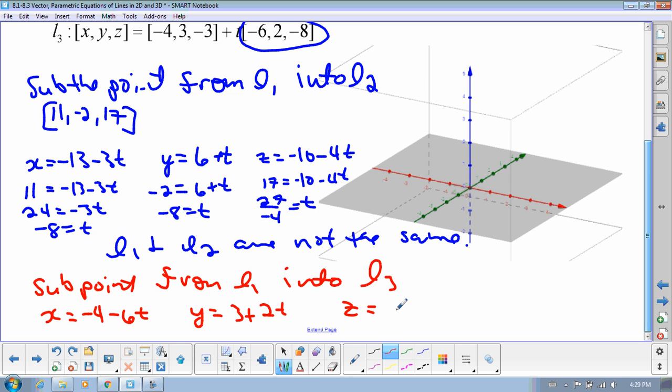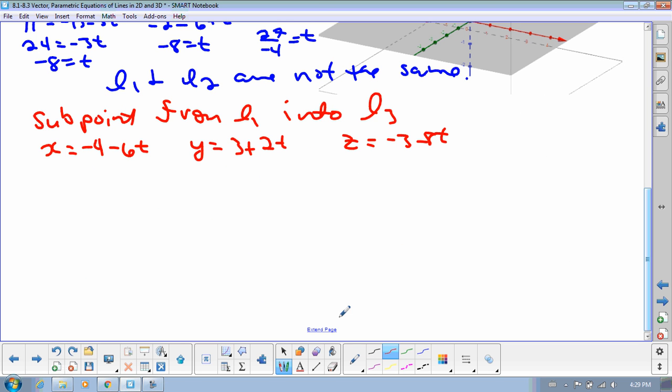And z is negative 3 minus 8t. So the value of the point, the x value is 11. So I'm going to have 11 equals negative 4 minus 6t. So that'll be 15 over negative 6 equals t. That's negative 5 over 2 equals t.